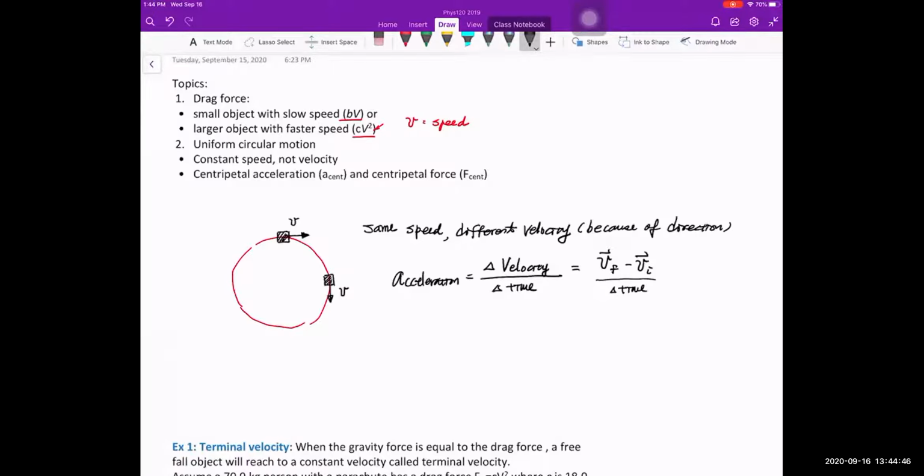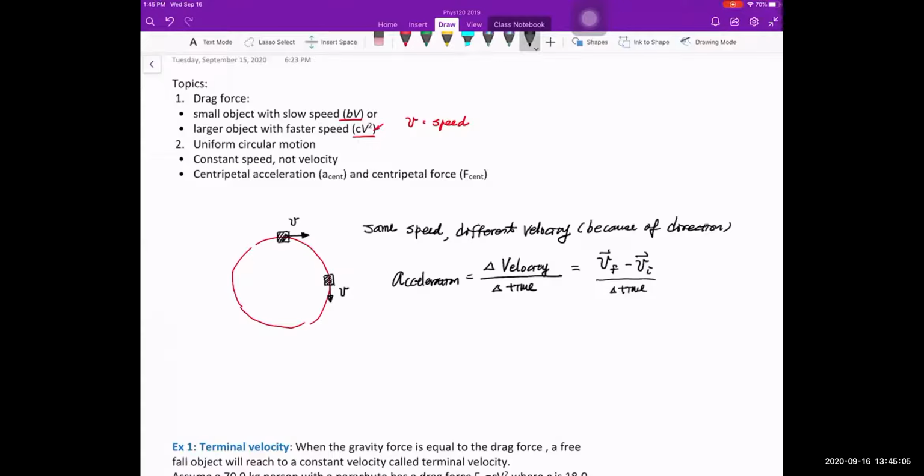In vectors, if you wanted to do this operation, or find the difference, how do you do that? Well, you have two vectors. One is the final velocity, one is the initial velocity.